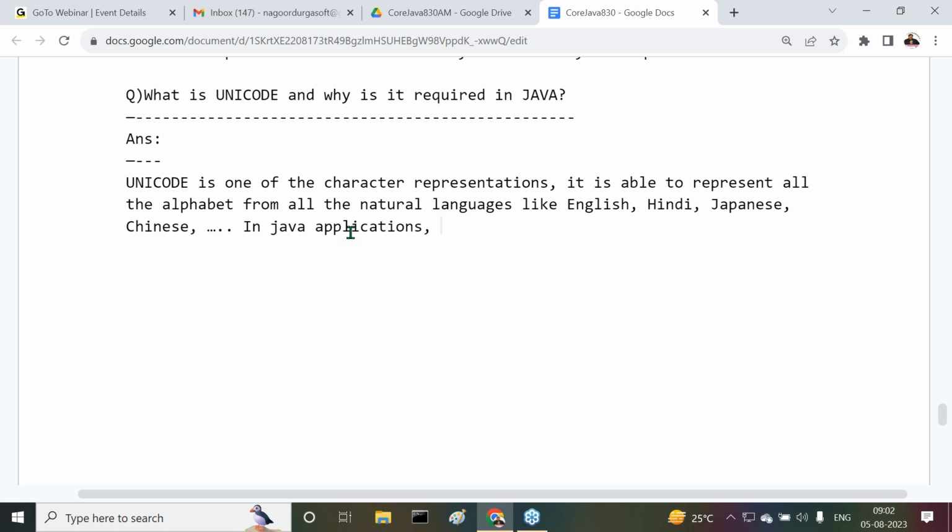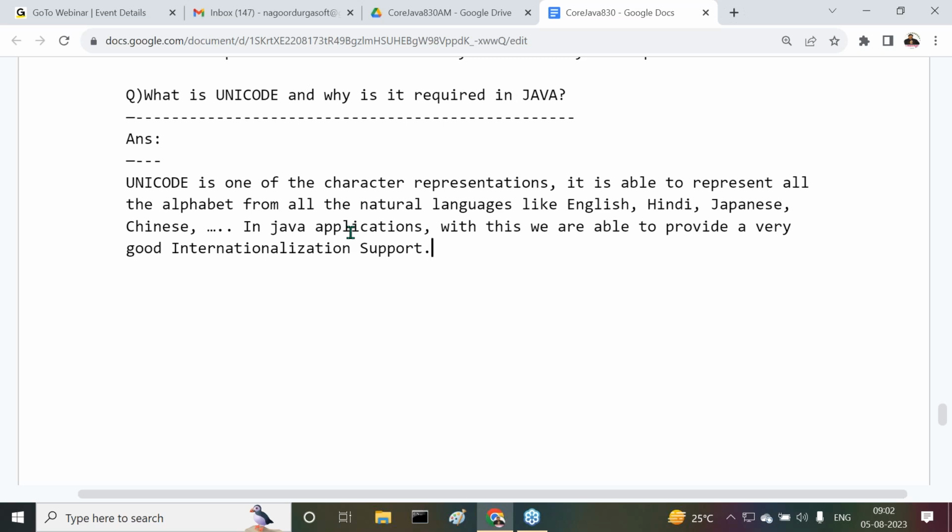With this, we are able to get very good internationalization support.